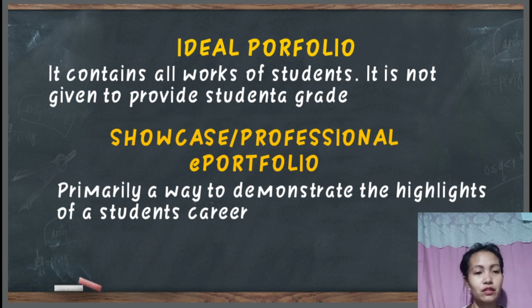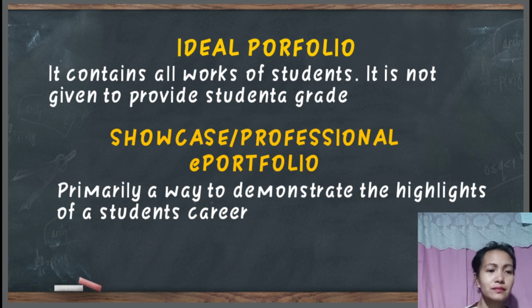It is not given to provide student a grade. Ideal portfolio, so ibig sabihin conceptual portfolio lang siya, mga theoretical portfolio, yung parang sarili lang nating opinion, sarili lang nating haka-haka, na tapos ipopost natin online, may mga audience, so yun.